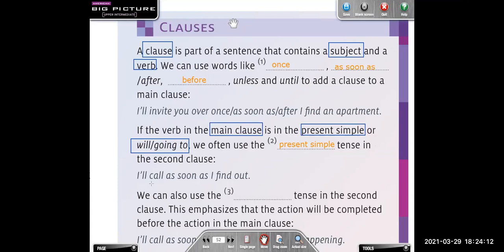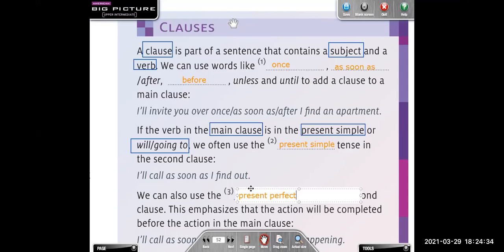For example, I will call as soon as I find out. Okay? We can also use the, ¿qué más podemos utilizar? Present perfect. Okay, so we can also use the present perfect.